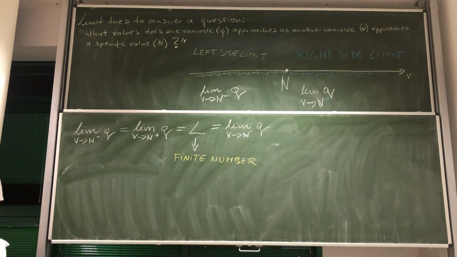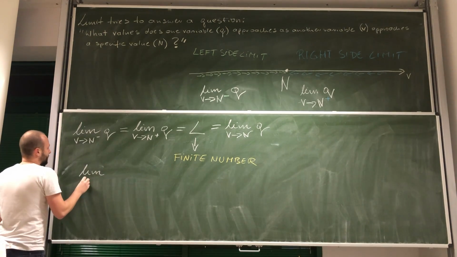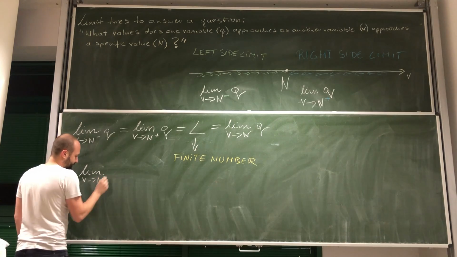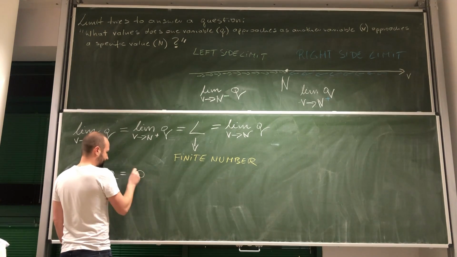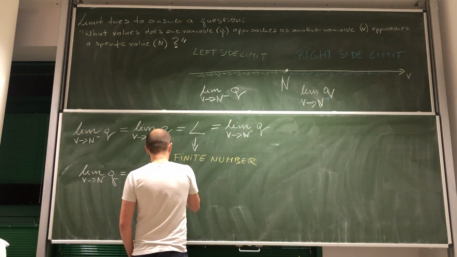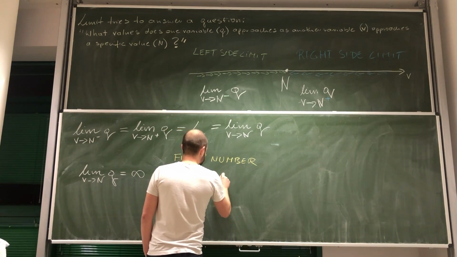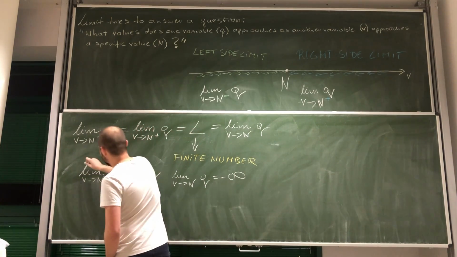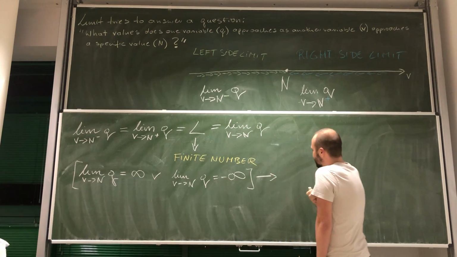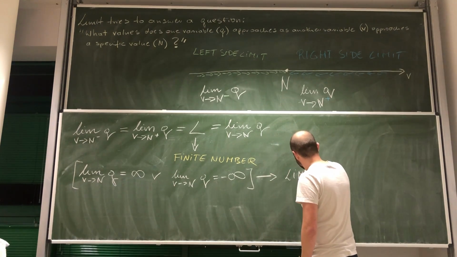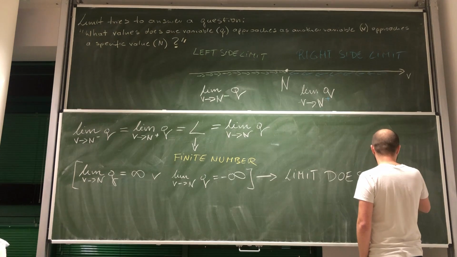Now look, if it happens that the limit with v approaching n is equal to either infinity or negative infinity, then this implies that the limit does not exist.